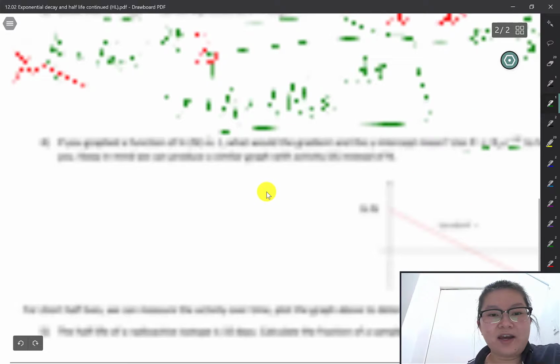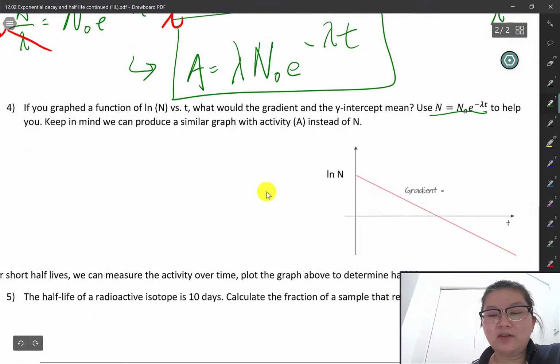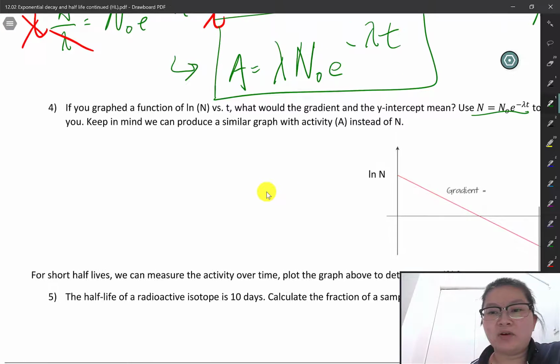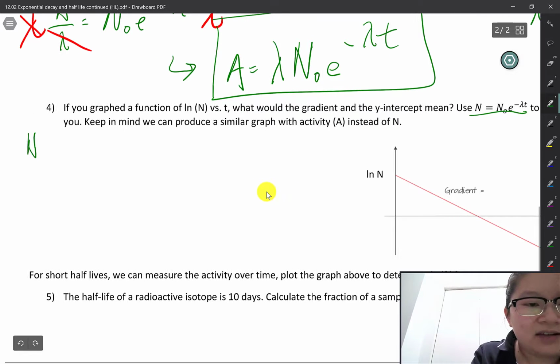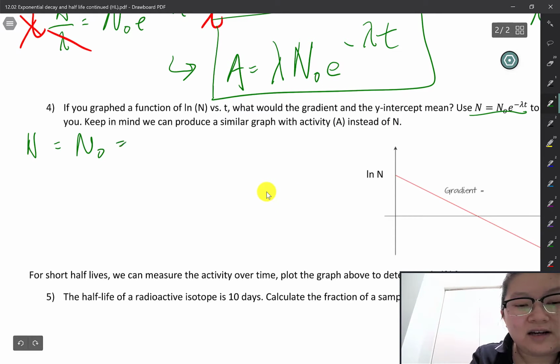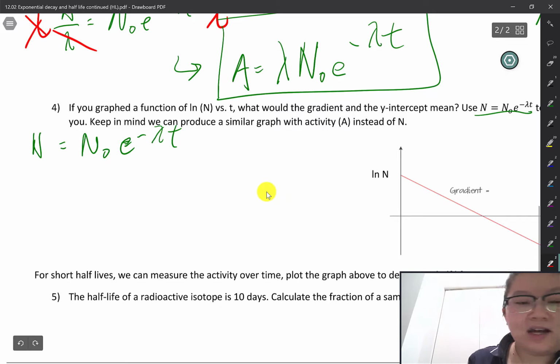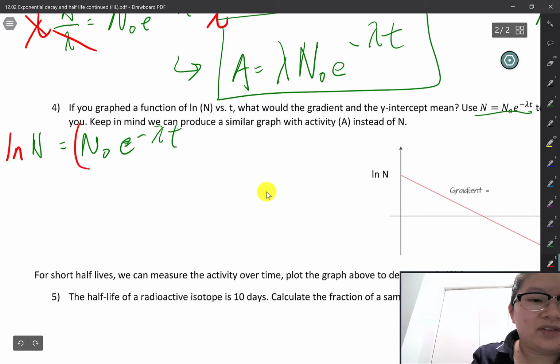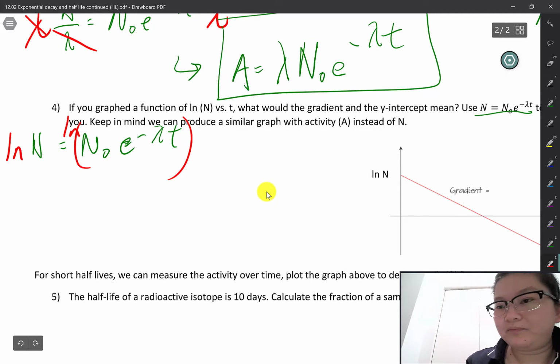Okay, so if I graph the function, it looks like we should take the natural ln of both sides. So we have N is equal to N naught e to the power of negative lambda times t. Let's take the natural ln of both sides of this equation.